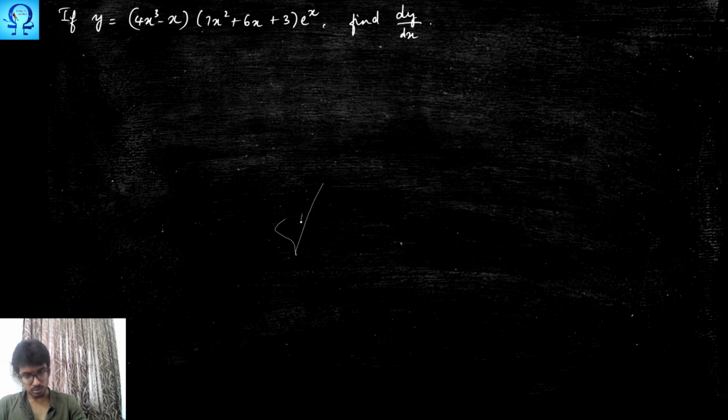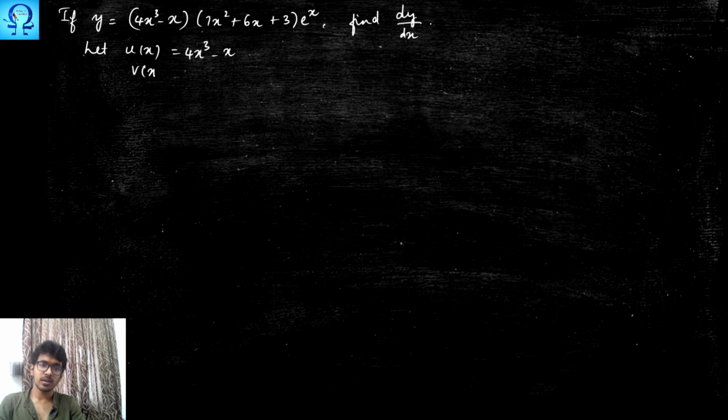So here this problem may be done like this: let us take u of x to be 4x cube minus x, v of x to be 7x squared plus 6x plus 3, and w of x to be e power x. Now find the derivatives of these three functions.